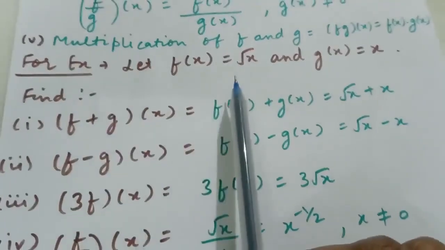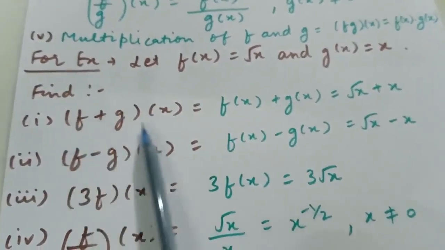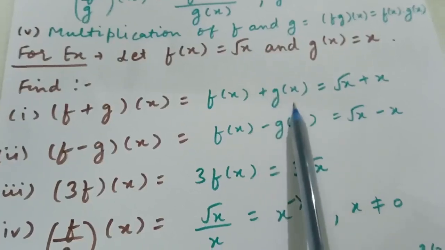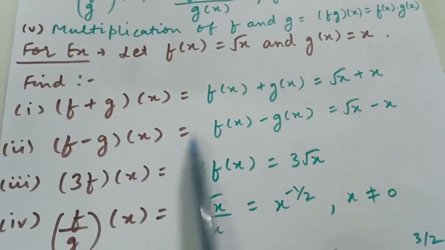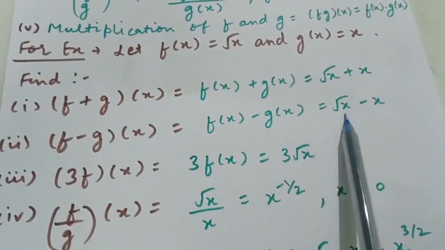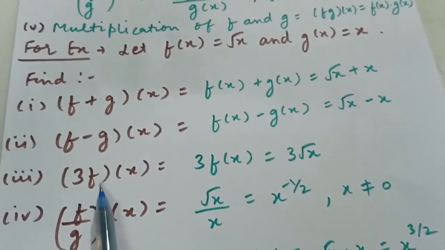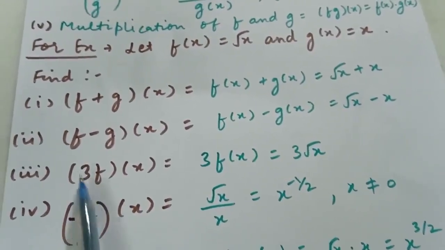For example, let f(x) be root x and g(x) is equal to x. Find (f plus g)(x). So (f plus g)(x) is nothing but f(x) plus g(x), that is root x plus x. (f minus g)(x) is f(x) minus g(x), that is root x minus x. Now this is multiplication of a function with a scalar. A scalar is any constant, so let us take it as 3.